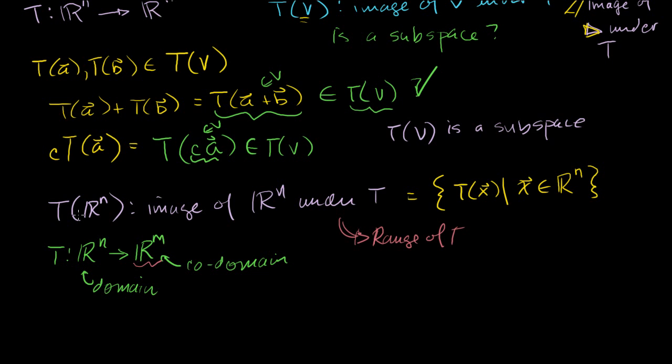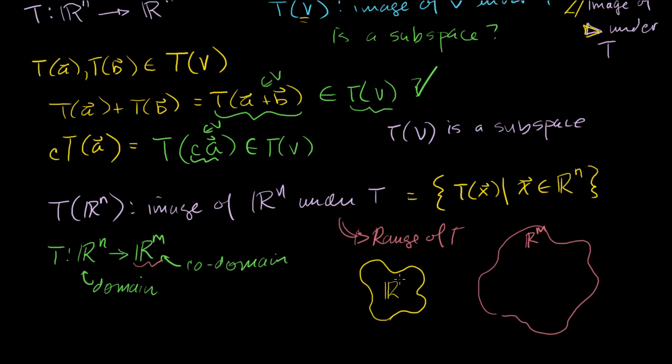So let's say that Rm looks like that. Rm, obviously, will go in every direction. And let me draw Rn right here. Let's say this is Rn. And we know that T is a mapping from Rn to Rm.